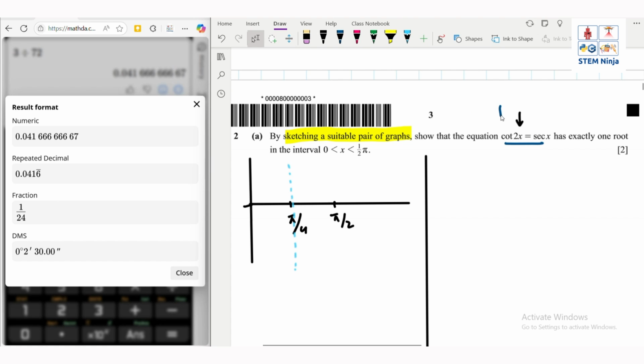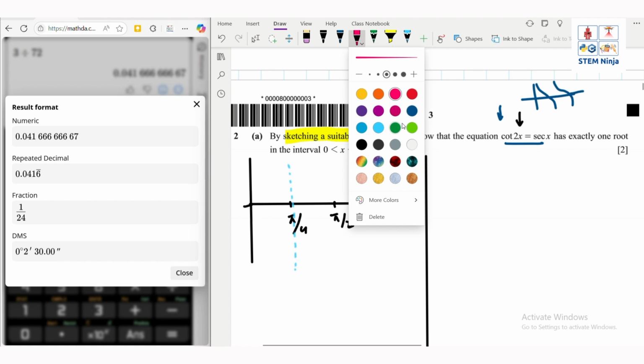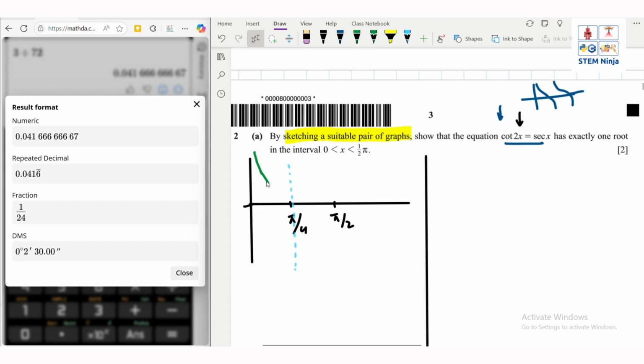Now, the difference between this is that the graph goes like this, the cot graph. So rather than going up till full pi, it's going to go up till pi by 2. So this is your cot 2x. Secant x, on the other hand, is the reciprocal of cos.